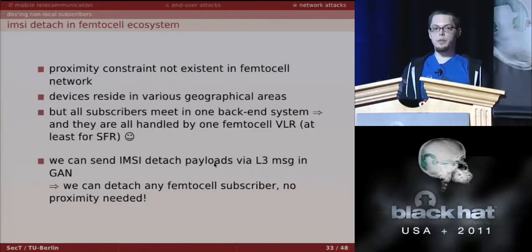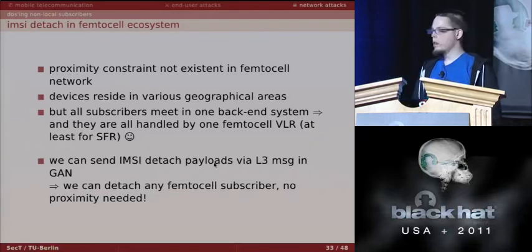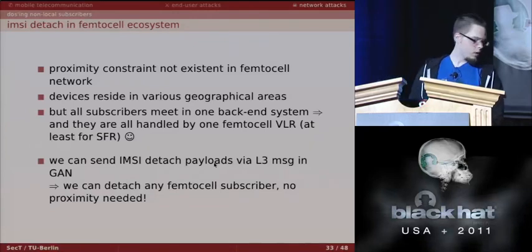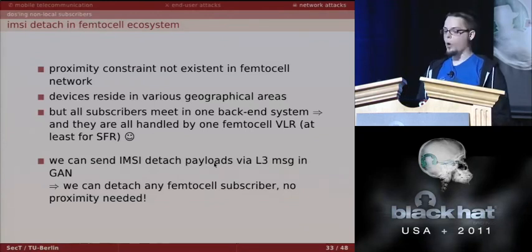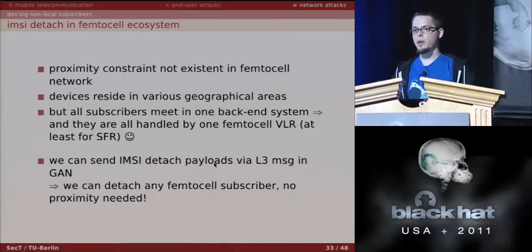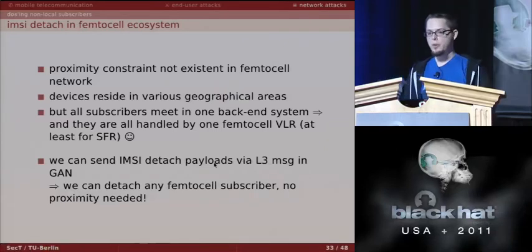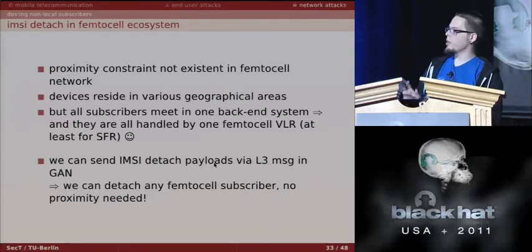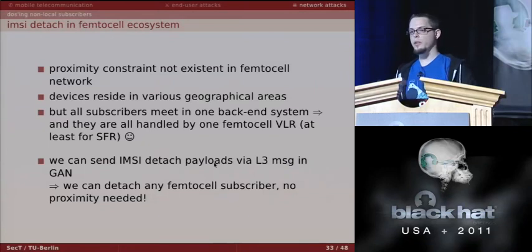However, in the context of femtocells, the proximity constraint that I mentioned, to be in the same geographical area, is not existent anymore. While testing this, it turned out that all femtocells in the network are handled by exactly one VLR, which also makes sense because you don't only manage subscribers, but you manage subscribers that reside at various places around the world in femtocells.